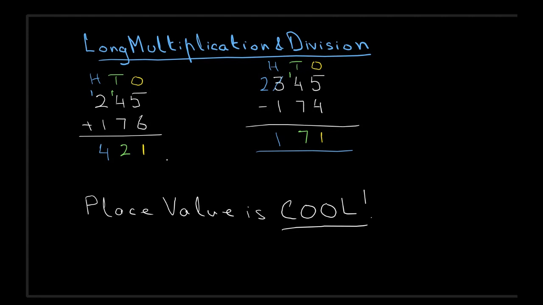If you don't believe me, try doing these computations with the Roman numeral system or the Babylonian numeral system. Place value is just hands down better at doing all the computations.